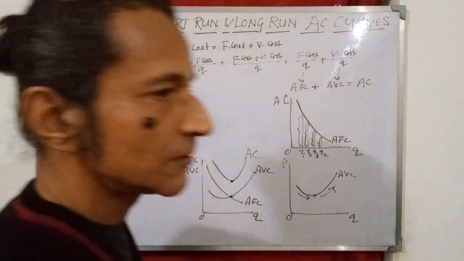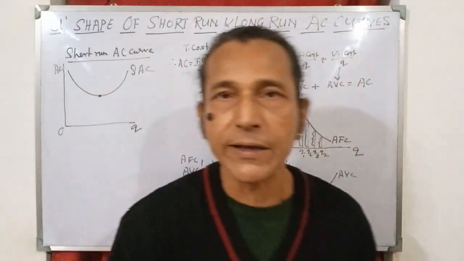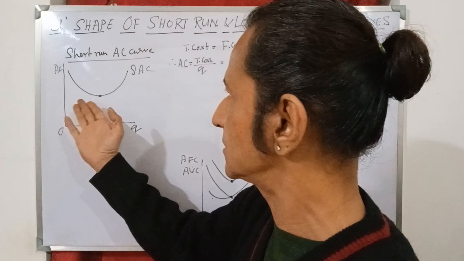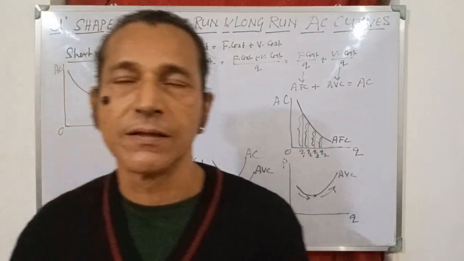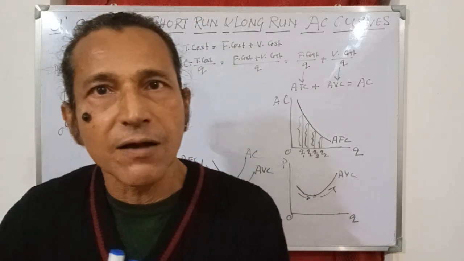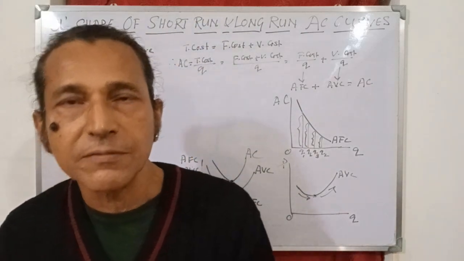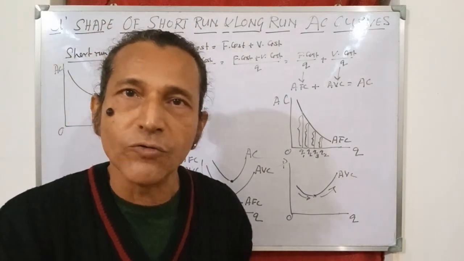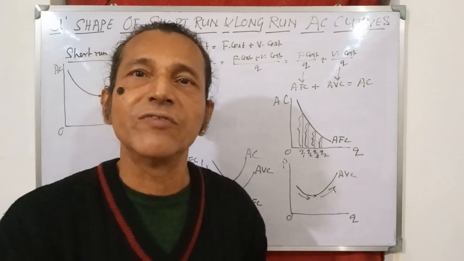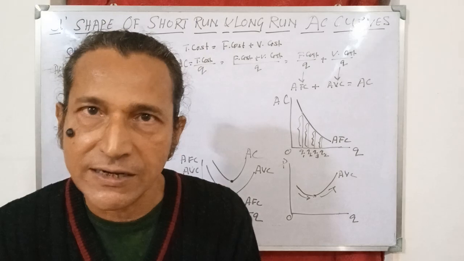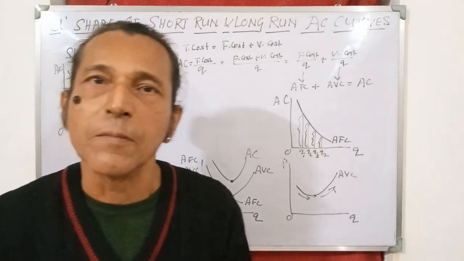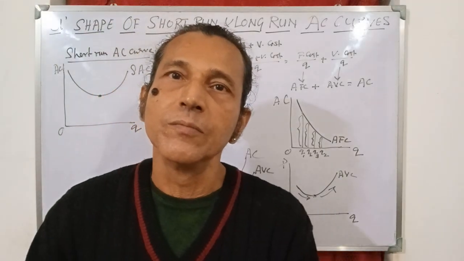Now, why is it U-shaped? Why is the average cost U-shaped? As the production increases, the fixed factors are used with variable proportions of variable factors, so the balance between variable factors and fixed factors becomes more and more efficient.